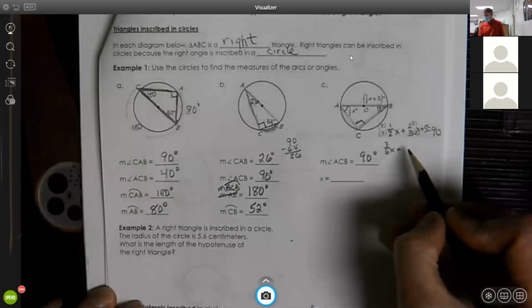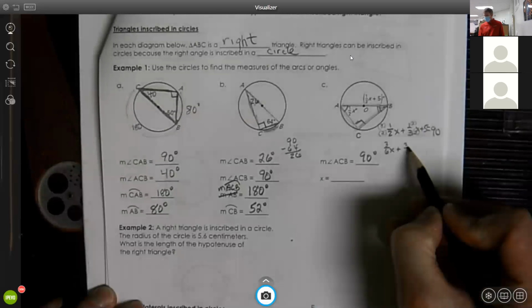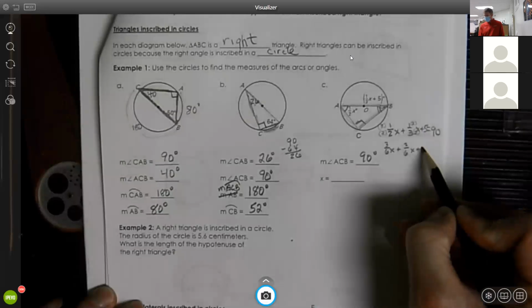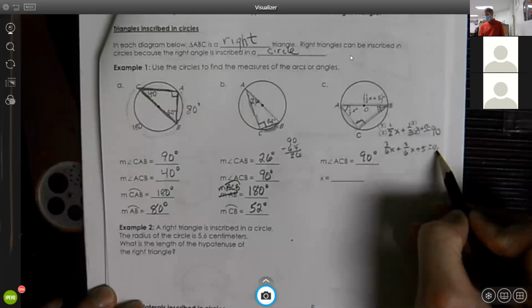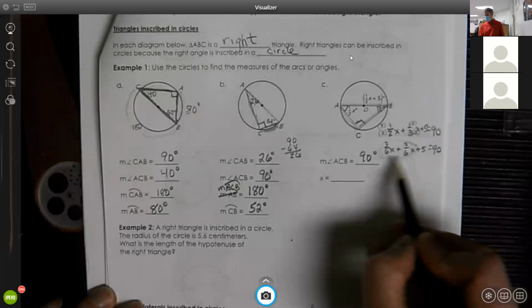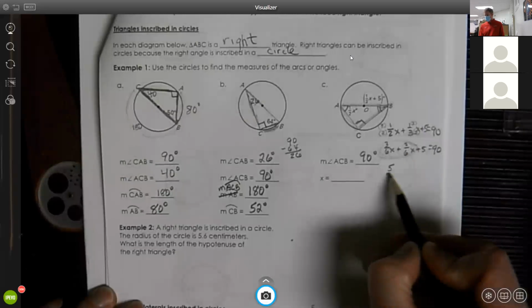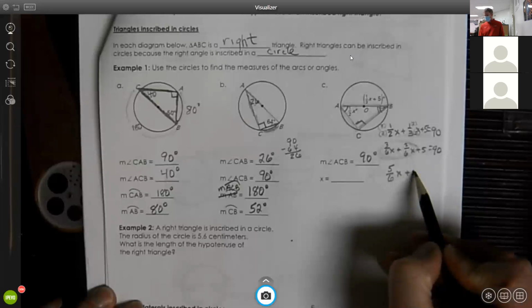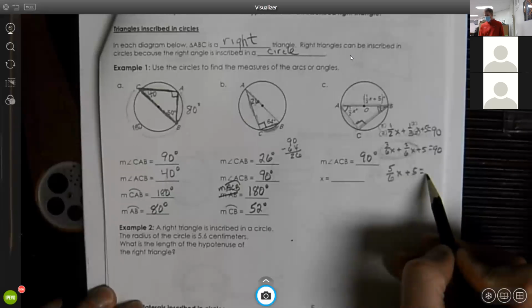This is 2 over 6 x. And we add 5, and it equals 90. Now we have common denominators. Now we have like terms. So we can say 5/6 x plus 5 equals 90.